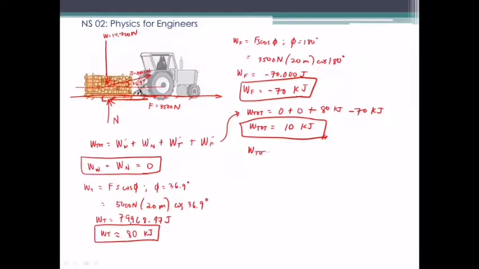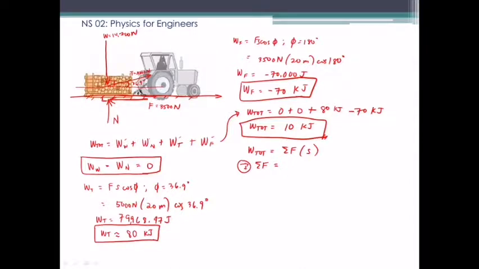The total work is equal to the summation of forces times the displacement S. Considering forces to the right as positive, the weight and the normal force do not have a component that is parallel to the displacement.